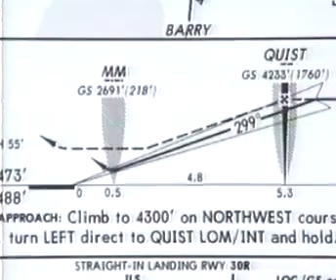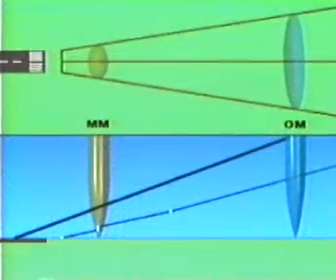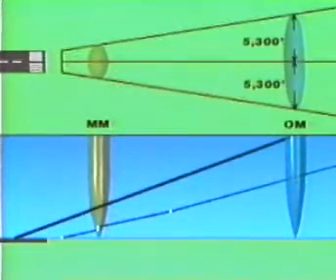The formulas for determining the protected airspace and obstacle clearance at any point along the approach are given at the end of this presentation. But you should remember that as you get closer to the airport, the amount of protected airspace and obstacle clearance decreases. For example, on this approach, the protected airspace at the outer marker is 5,300 feet on either side of the runway centerline.